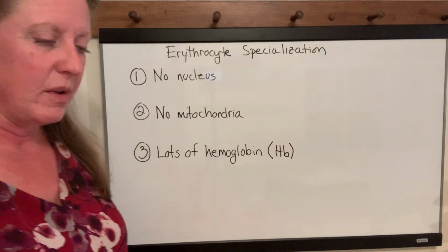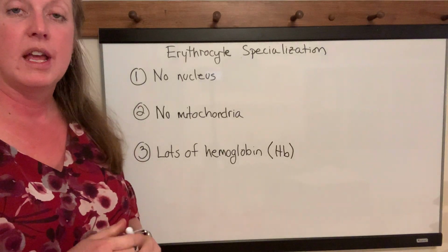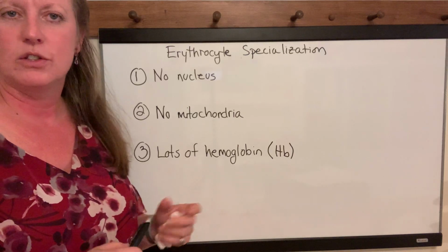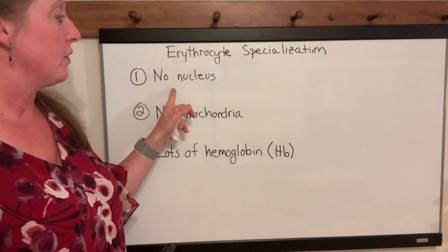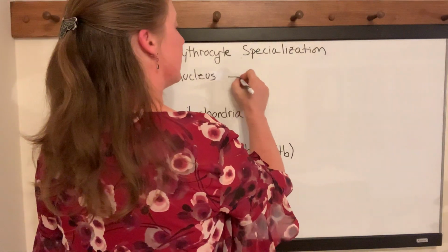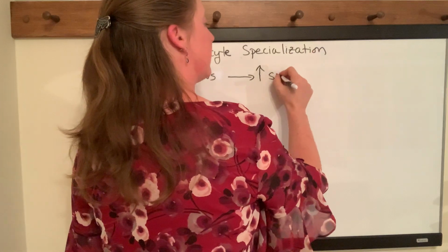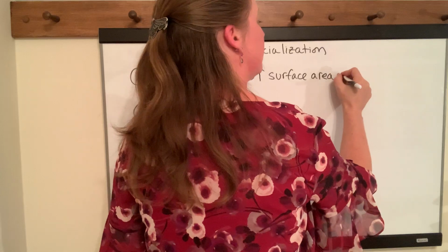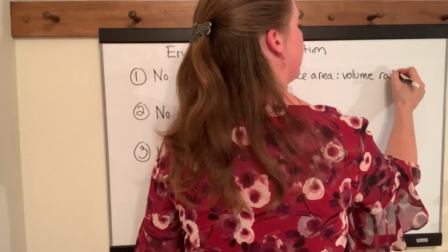Now, getting rid of the nucleus has a disadvantage and an advantage. And whenever you see this in biology, the advantage outweighs the disadvantage, or else the change wouldn't take place. So the reason that the red blood cell gets rid of its nucleus is because this gives it an increased surface area to volume ratio.